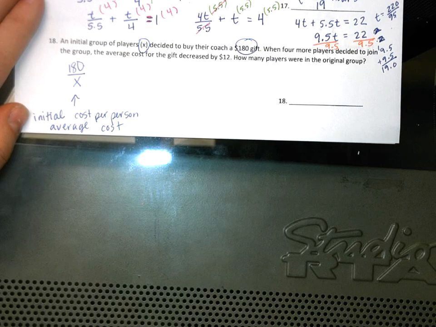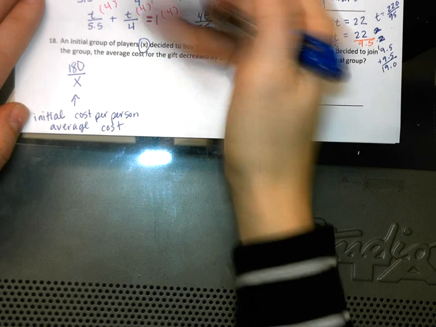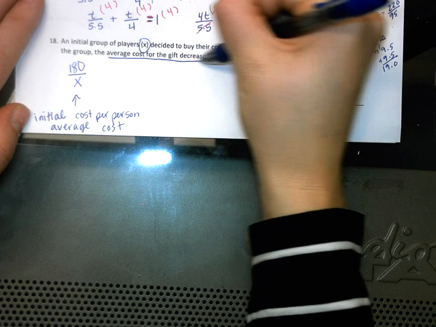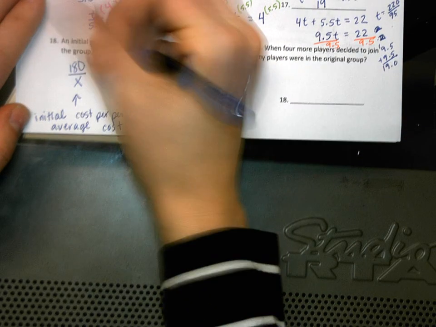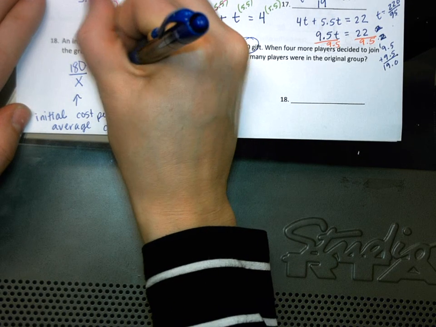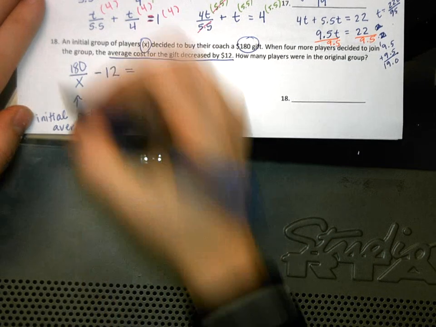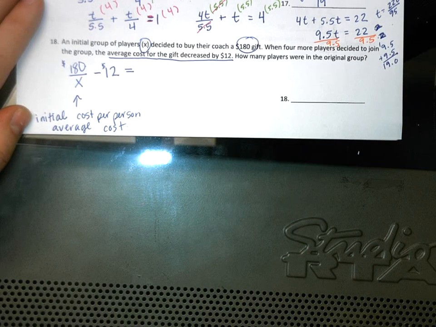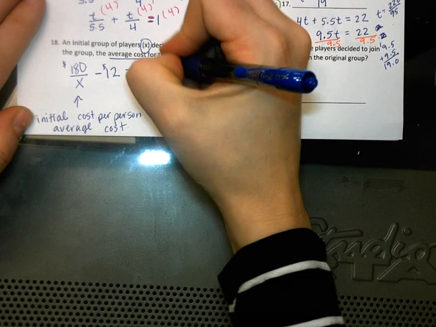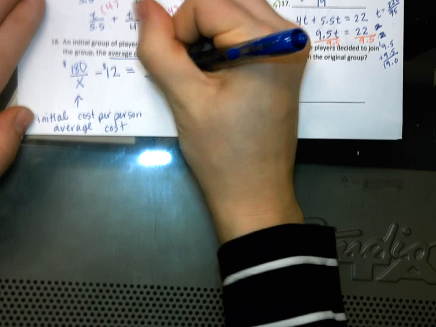But then 4 more players decide to join the group, and what happens to the average cost? It decreases by 12. So you're going to take the average cost and decrease it by 12. This is a cost. This is a cost. And then your new cost is going to be the same total divided by how many people?